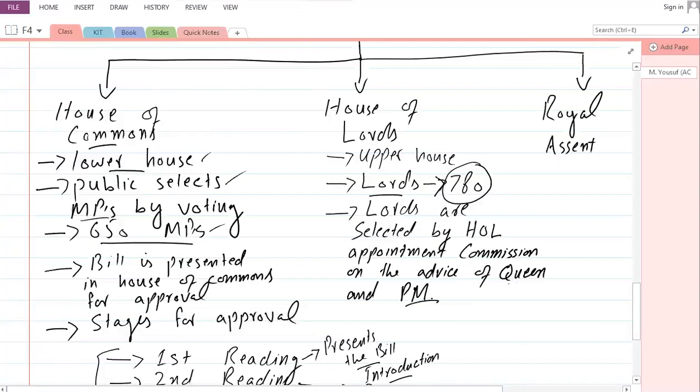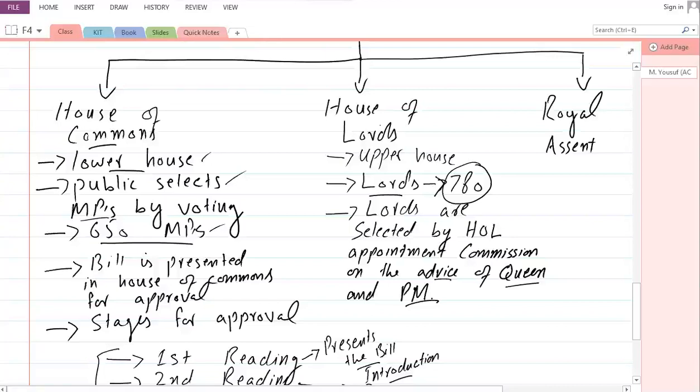So the Prime Minister and Queen give advice to the House of Lords Appointment Commission. HOL stands for House of Lords. So the House of Lords has its own appointment commission, and the HOL appointment commission is responsible for the appointment of lords. There are two types of lords: spiritual lords and temporal lords.